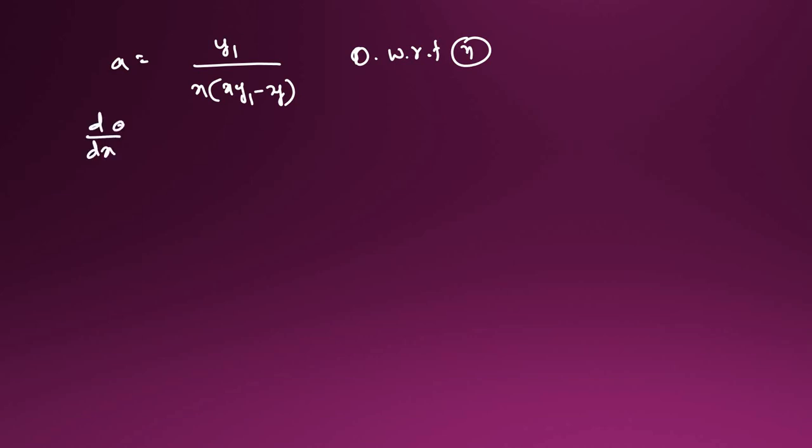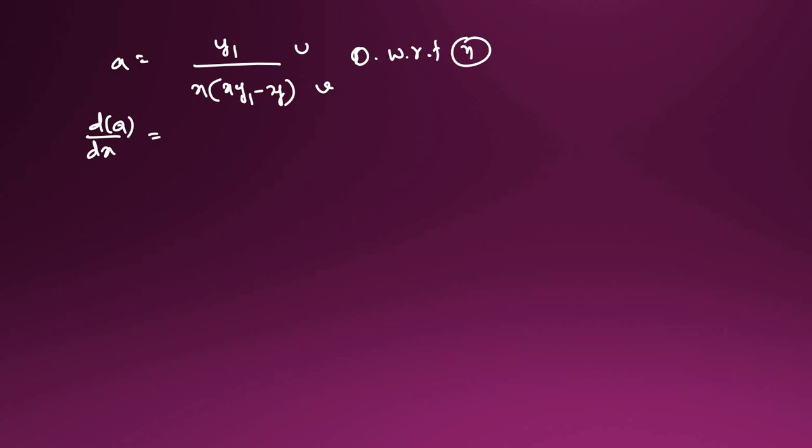A is equal to, how much we got here: y1 divided by x into x y1 minus y. So now we have to take the derivative of this one with respect to x. So d by dx of a will be equal to, this is the u by v form.